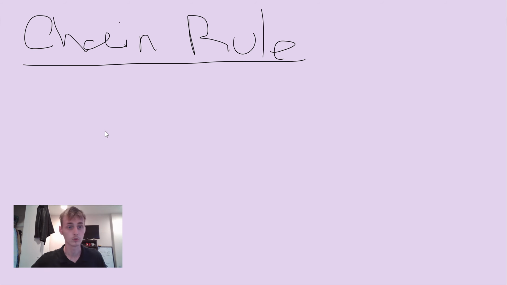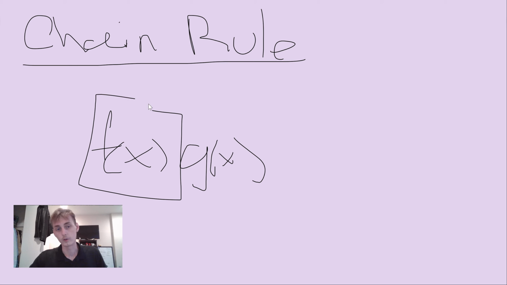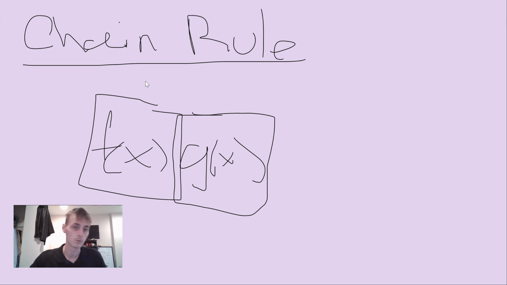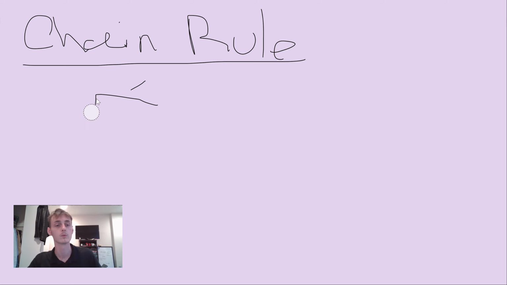Like the product rule, you would see f of x times g of x. So you have this one term, this number two term, you multiply. That's the product rule. The quotient rule, similarly, you have the two rules, but one is on top of the other instead of next to the other.